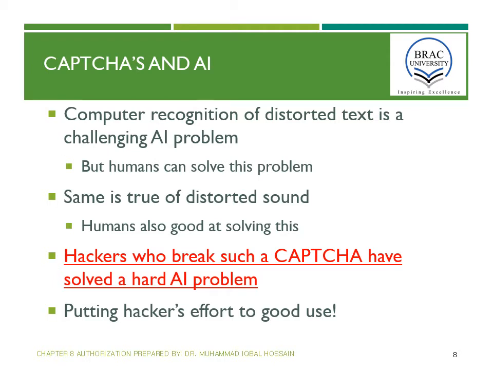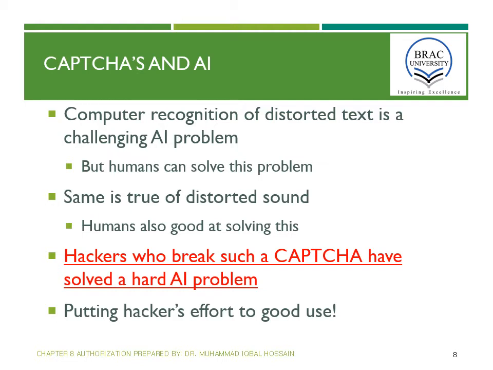Nowadays, machine learning AI solutions are given for image processing, and also natural language processing. So they can easily understand what is in that distorted text.